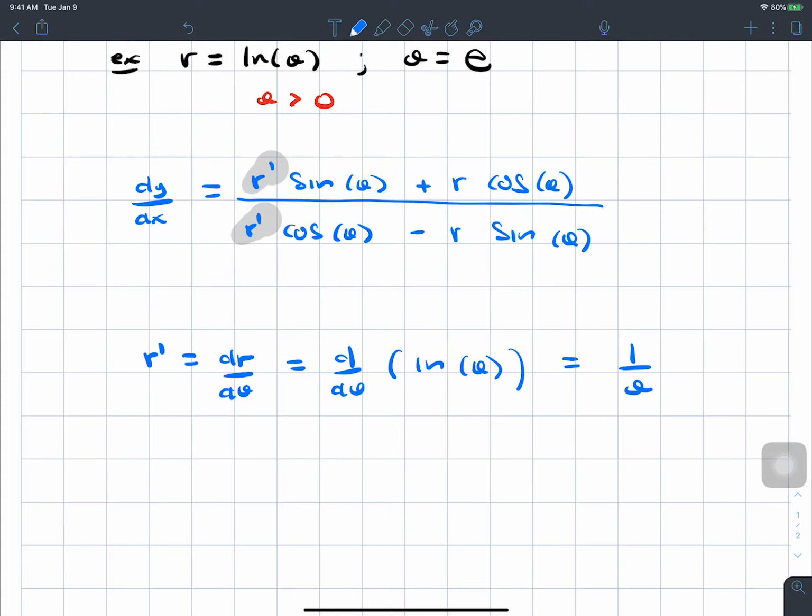So here's our r prime. So we're going to replace r prime here with 1 over theta. And r, we know, is natural log theta. So we replace r here with natural log theta.